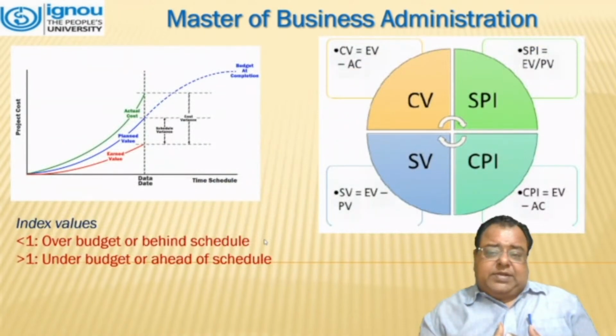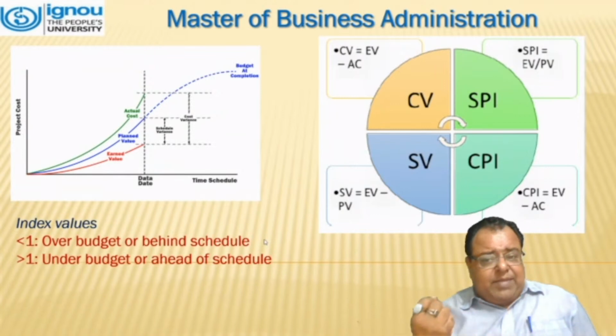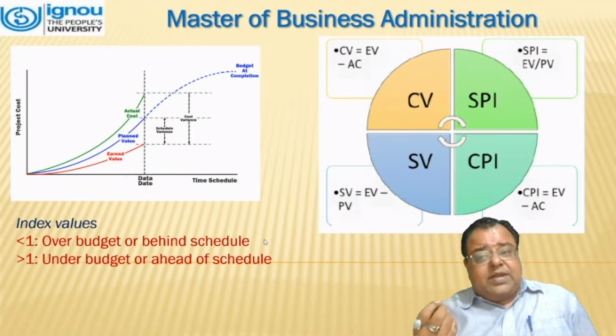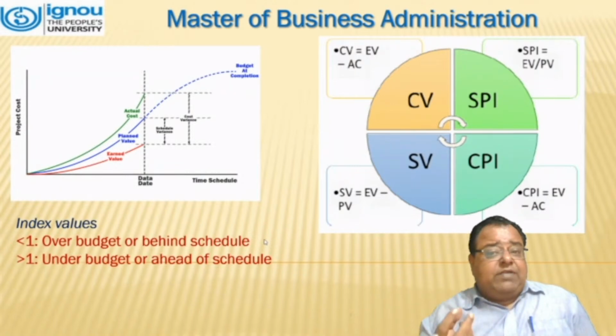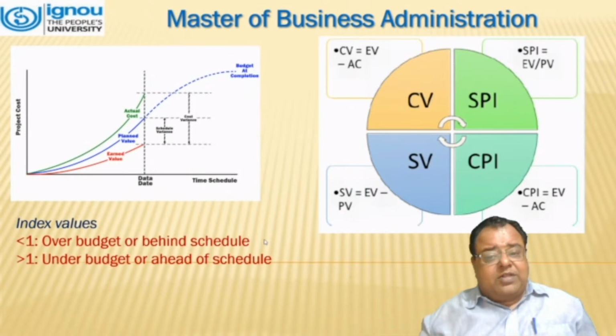This is basically how it is related. This is the matrix. SPI is EV divided by PV. CPI is EV divided by AC. SV is EV minus PV, and CV is EV minus AC. But this is the relationship between all these terms.